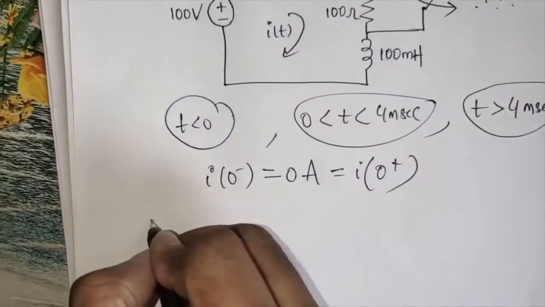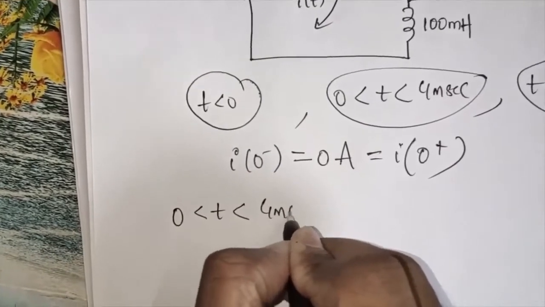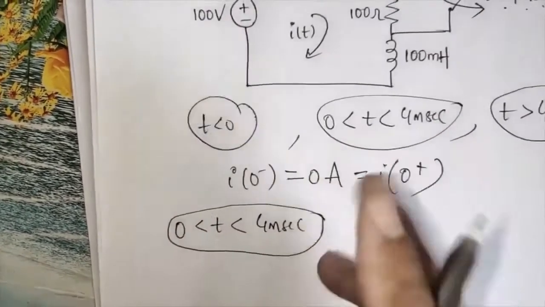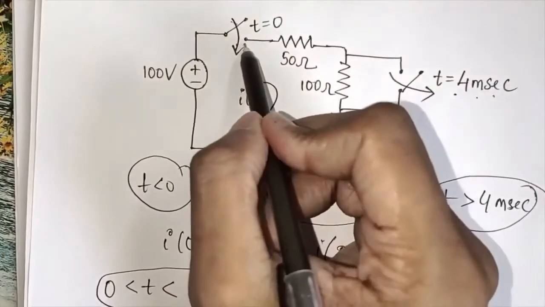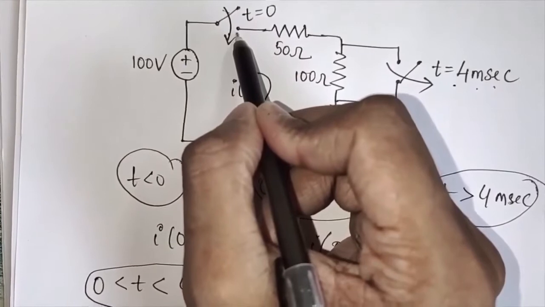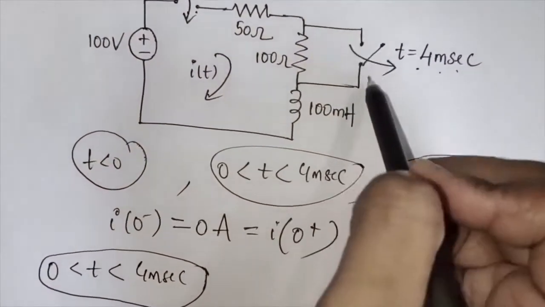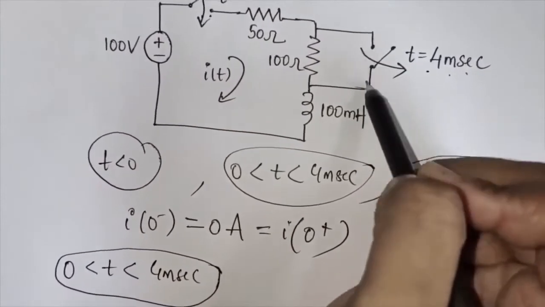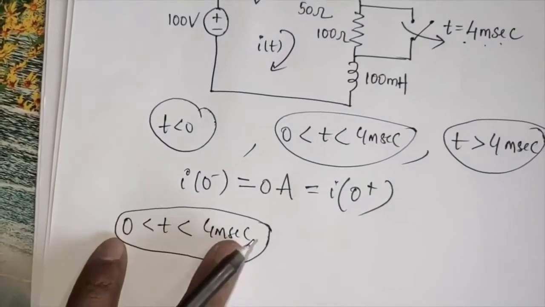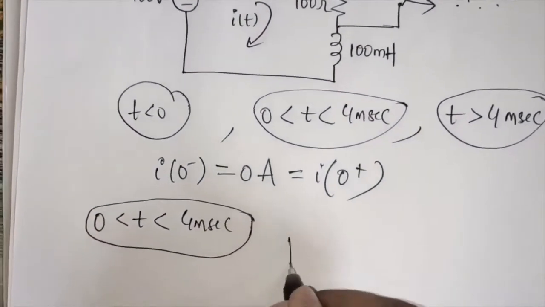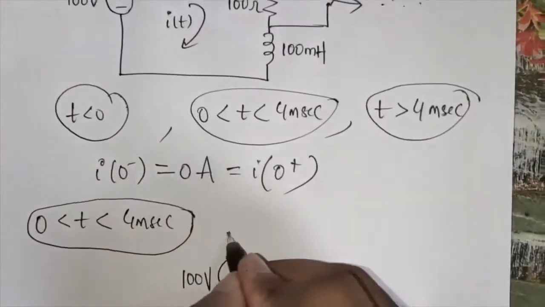Next, when t is between 0 and 4 milliseconds, switch S1 is closed, and even switch S2 is also closed. Let us draw the circuit for this interval. We'll have a voltage source of 100 volts.